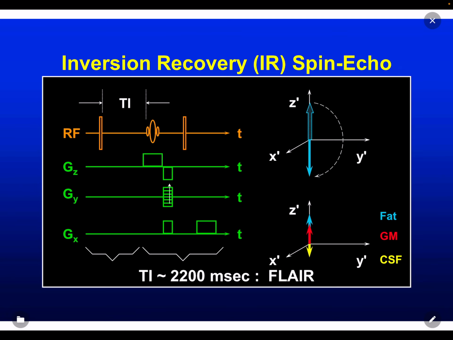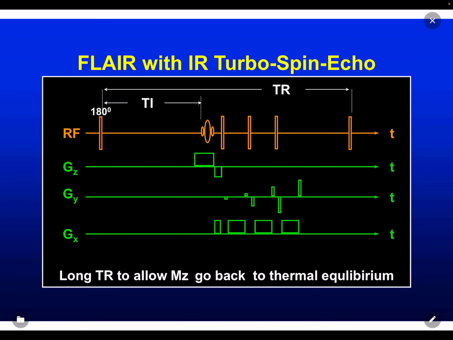So we can use IR spin echo to acquire the FLAIR image. And right now we have IR turbo spin echo, which is faster. But we still need a long TR to allow Mz to go back to the thermal equilibrium state.